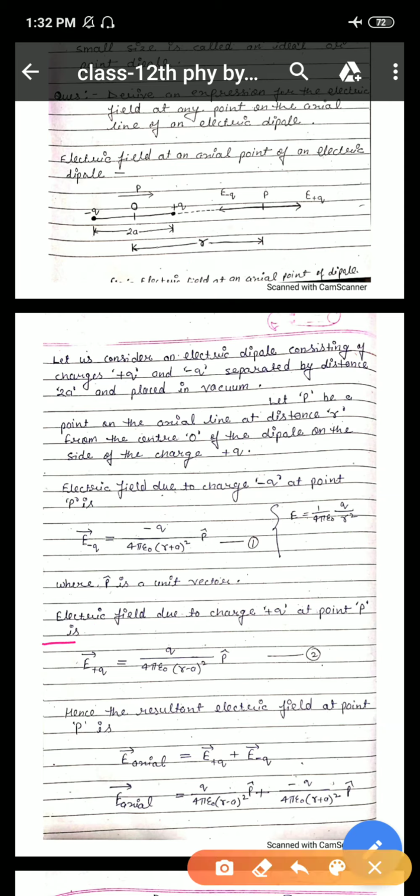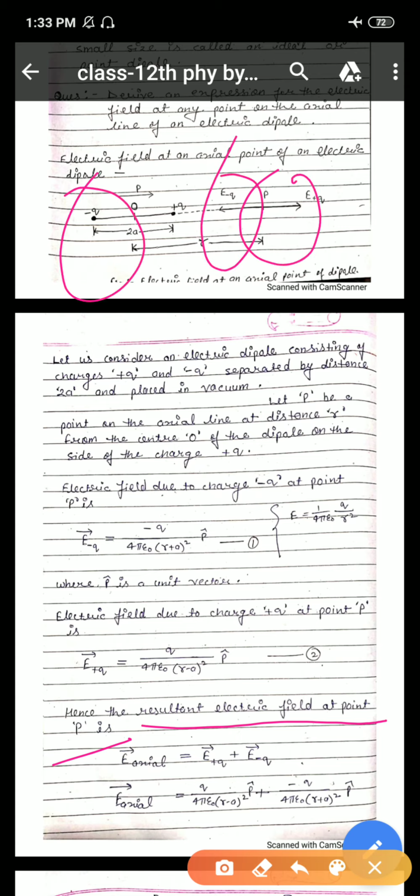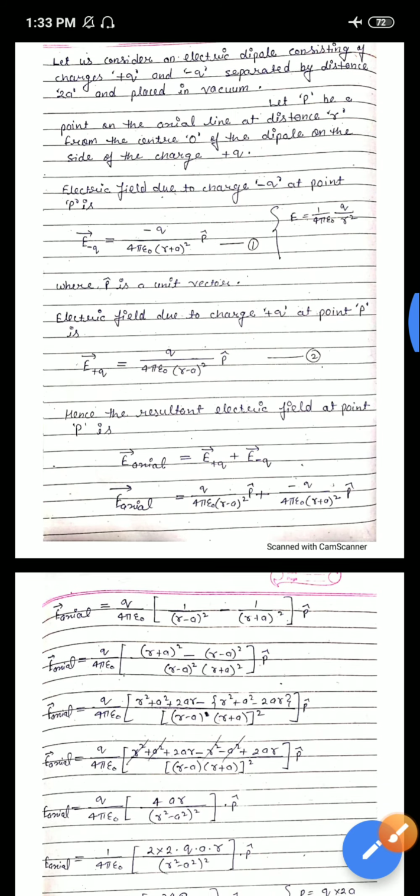Now we have to calculate the resultant electric field at point P, which is the sum of the electric field due to the minus charge and due to the plus charge. Is it clear, student?